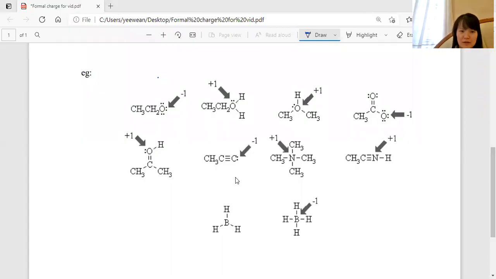If we want to calculate for this oxygen that they point to with an arrow, oxygen has 6 outermost electrons, and the one that is bonding here is a single bond, so 2 electrons, half of that would be 1. And minus the non-bonding electrons, that's 6. Therefore, we get 1 minus.